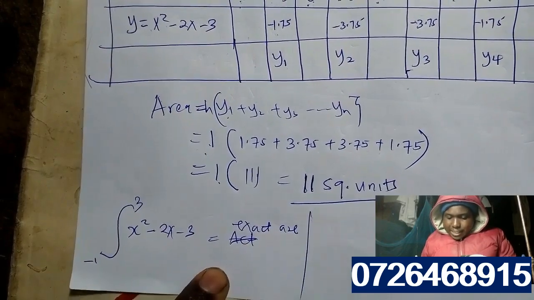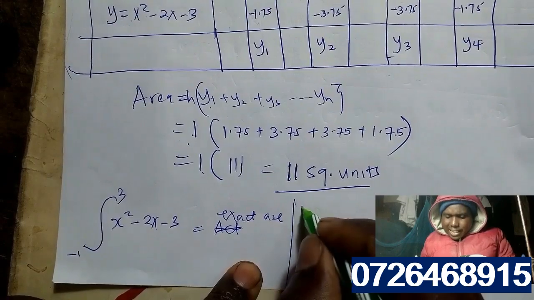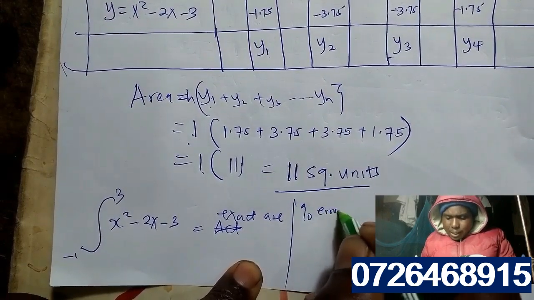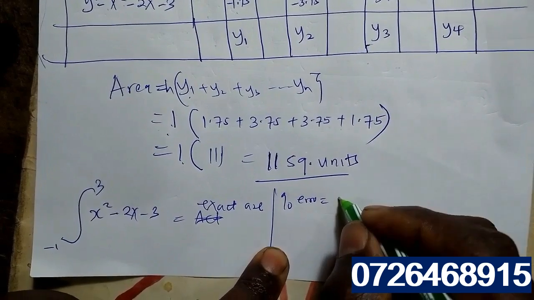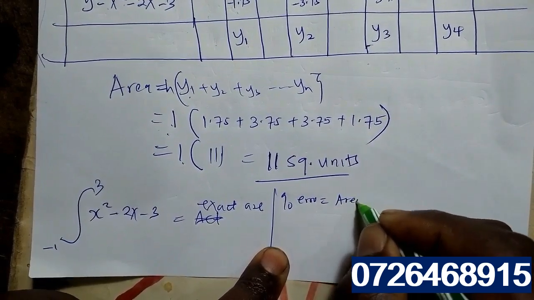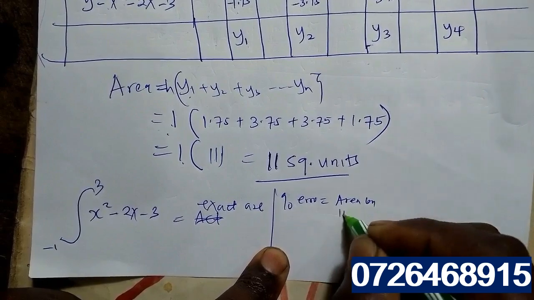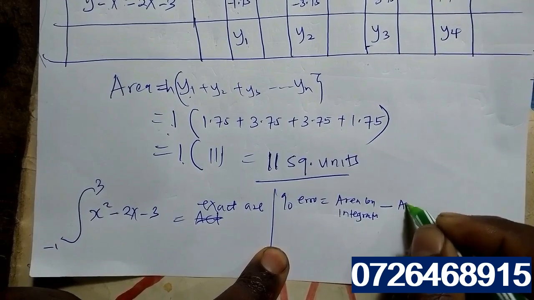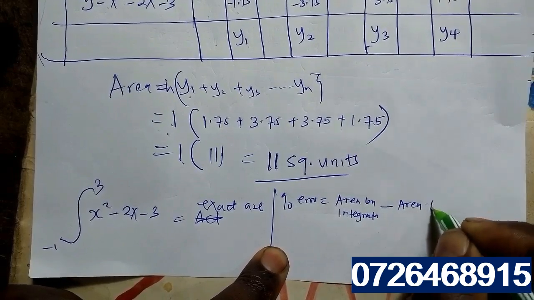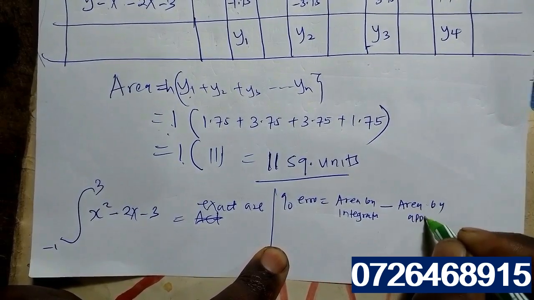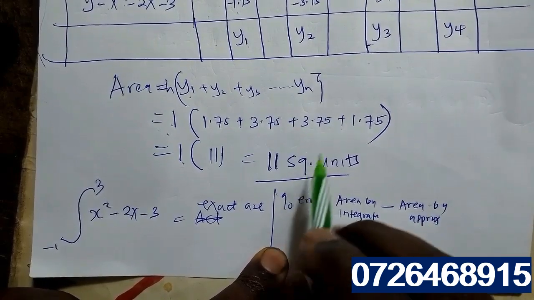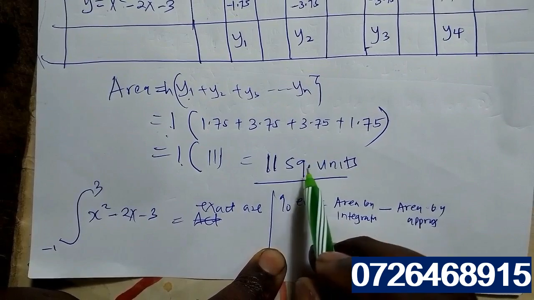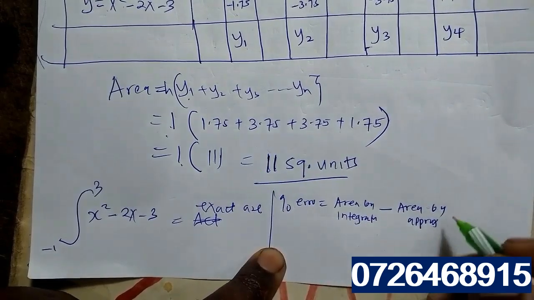So to get the percentage error, percentage error will be area by integration minus area by approximation. So approximation inaweza kuwa umetumia mid ordinate ama trapezium rule.